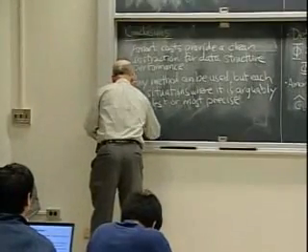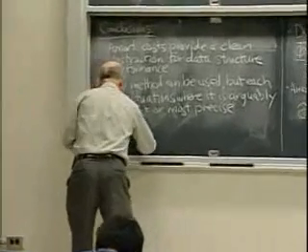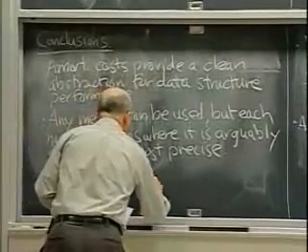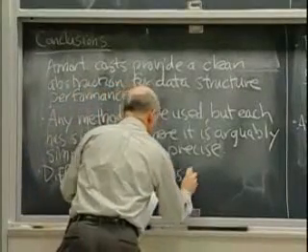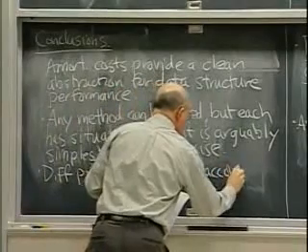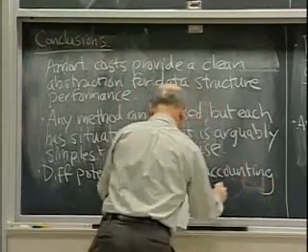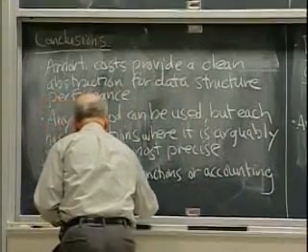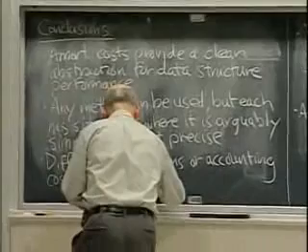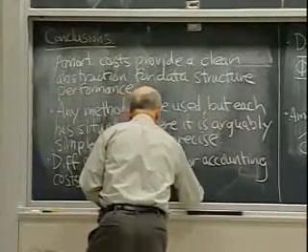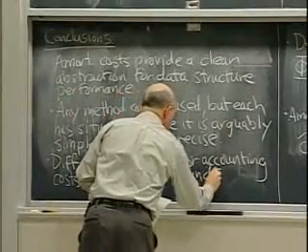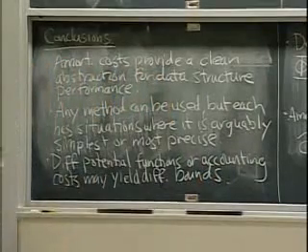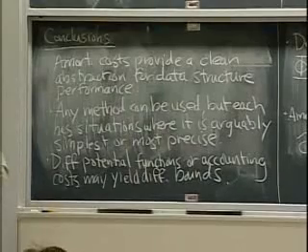Last point is that, in fact, different potential functions or accounting costs may yield different bounds. So when you do an amortized analysis, there's nothing to say that one set of costs is better than another.